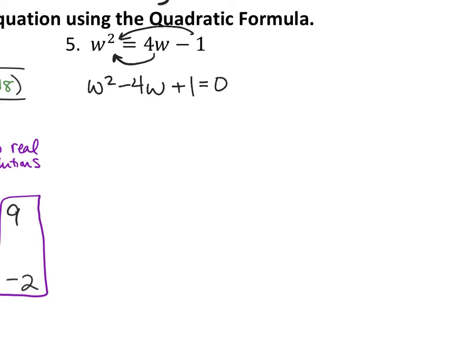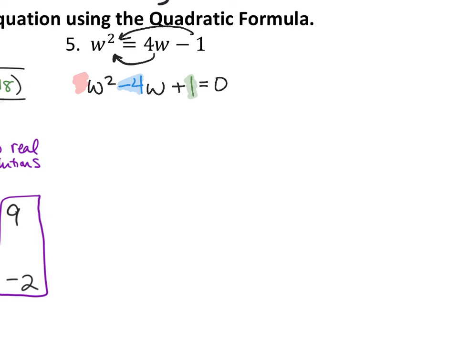What is the A, B, and C for this problem? Very good. 1, negative 4, and 1. So we have everything we need to start plugging it in. I'm going to sing the song to myself so we can start solving.